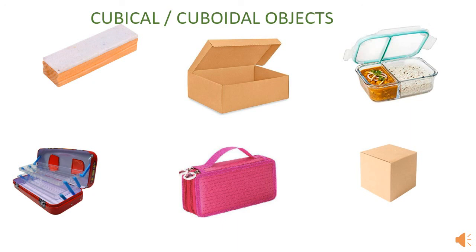Okay, Rubik cube also you are aware of. These are either cubical or cuboidal objects. So today we are going to focus on the volume of either cubical box or cuboidal boxes.